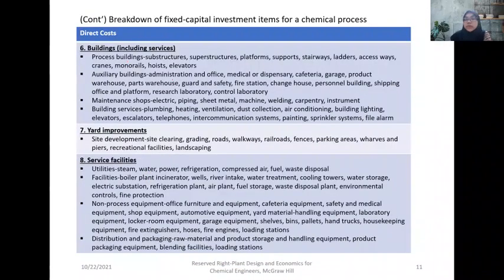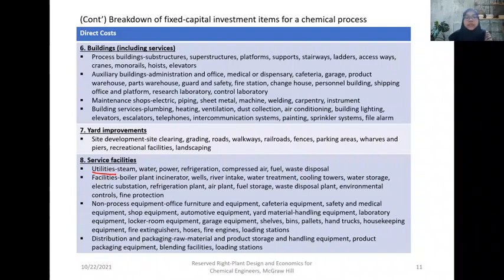Okay, the next is the building itself, considered as direct cost. And then yard improvement: if we proceed with the fabrication, we need to improve the yard, including site development such as site clearing, grading, roads, walkways, and so on. The other is service facilities such as the utilities, including steam, water, power, refrigeration, compressed air if we use a compressor, fuel and waste disposal.